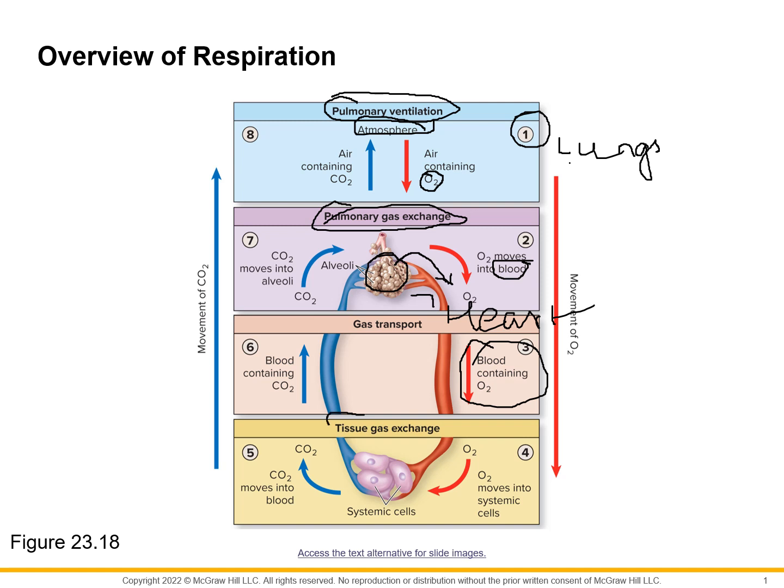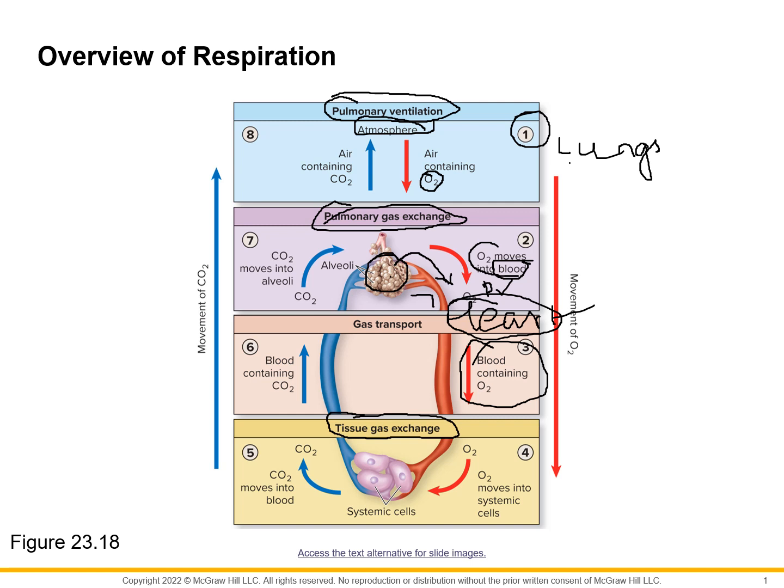Now, here in the last step, you're at individual tissues. So you're maybe in the bone marrow, you're in the skin, you're at muscles, any tissue in the body that you think of. This is happening. So from the pulmonary gas exchange, oxygen is going to move into the pulmonary vein, and the pulmonary vein carries it to the heart.